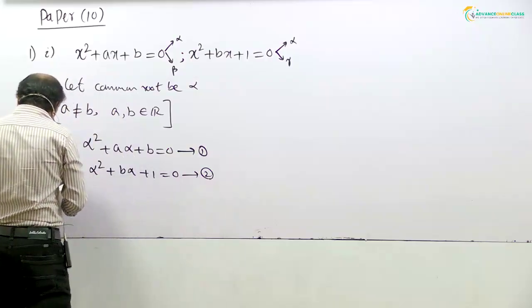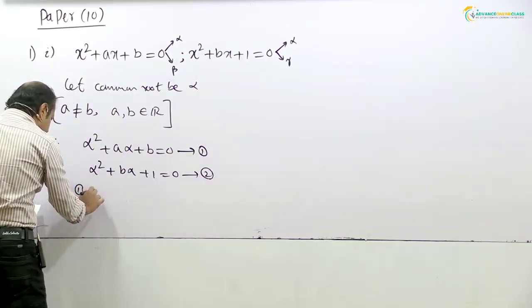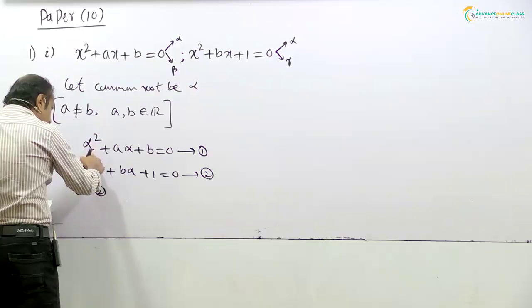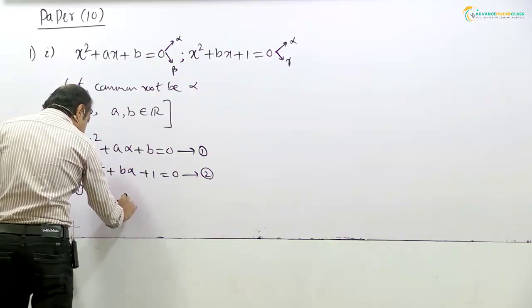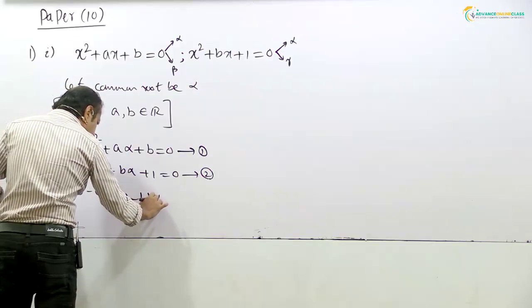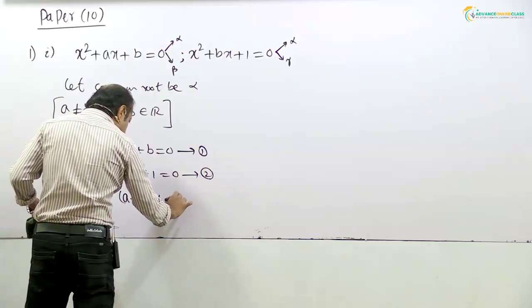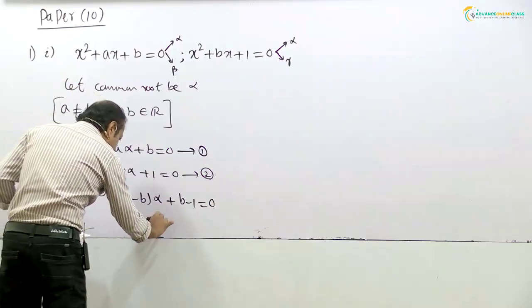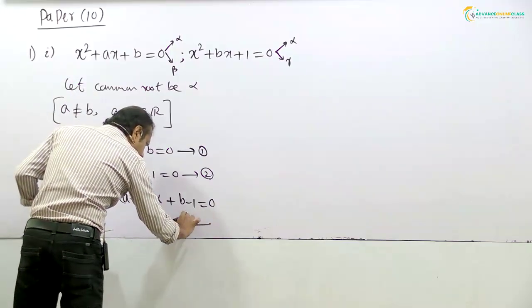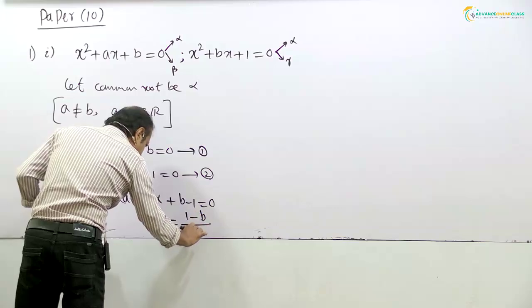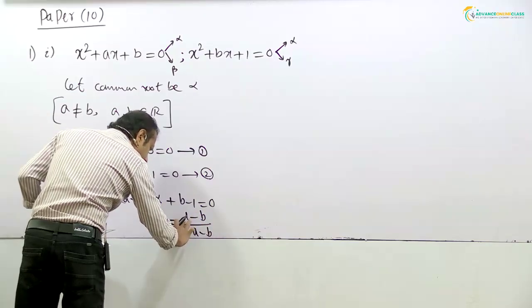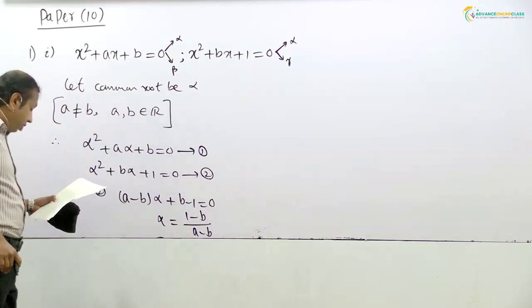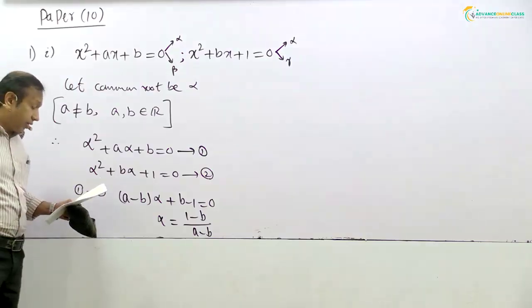Then you can take 1 minus 2. Then alpha squared we can cancel. This alpha is common. Take alpha out: alpha times (A minus B) plus (B minus 1) is equal to 0. Then we get alpha, making alpha the subject: alpha equals 1 minus B divided by A minus B. This way, we get the first answer.